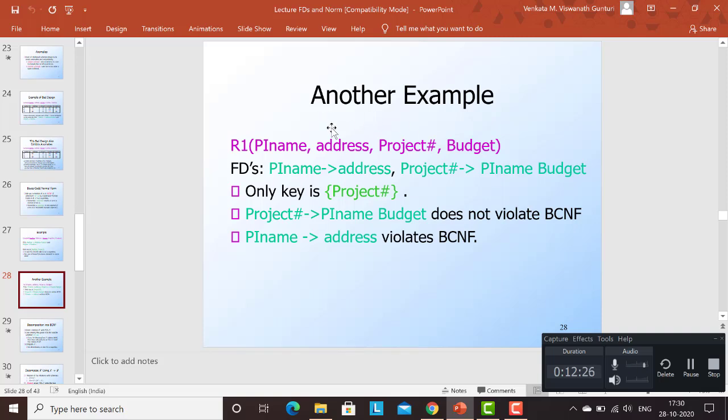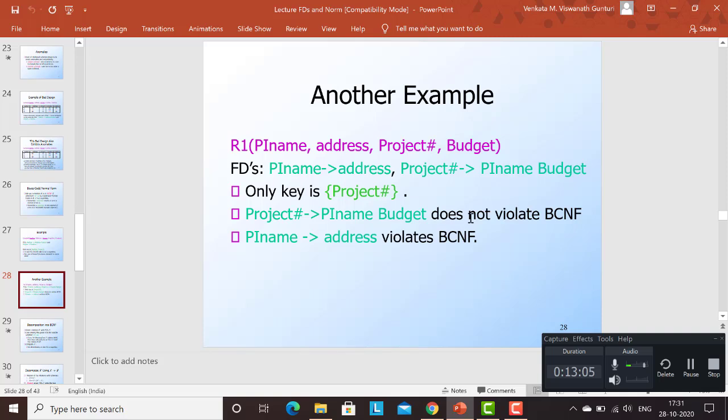The only key of this relation R1 is project number. You can add more attributes and that will just become a super key. PI name is not a key of this relation, because PI name cannot determine project number and budget. So out of the two FDs which hold on R1, the first one violates the BCNF property, whereas the second one does not.